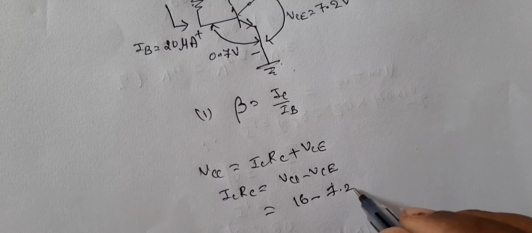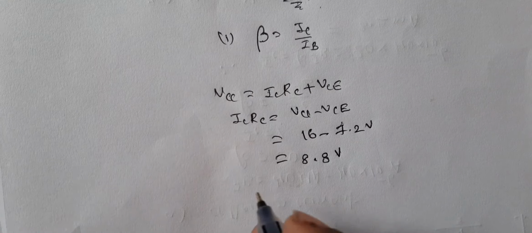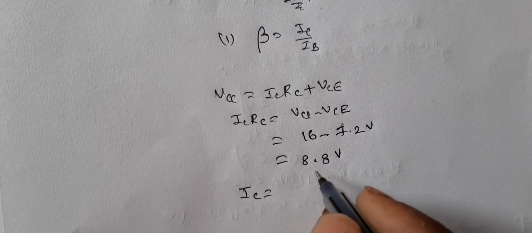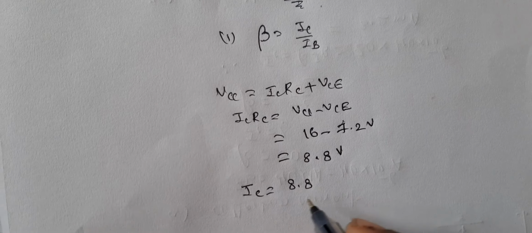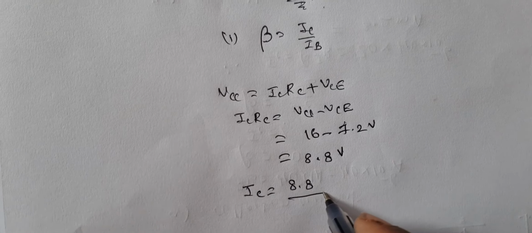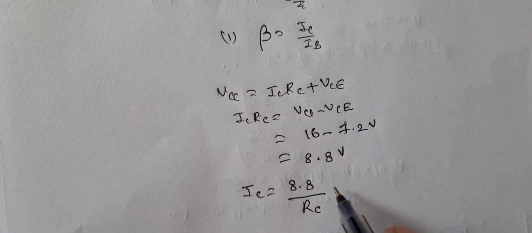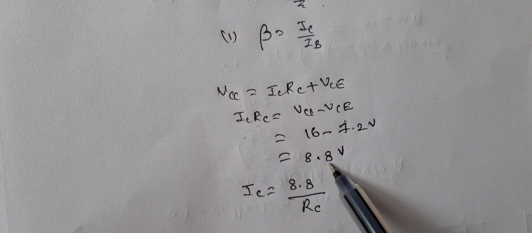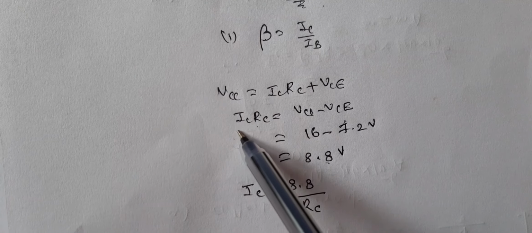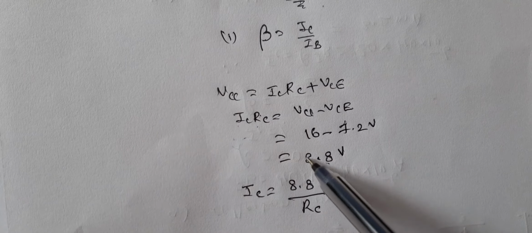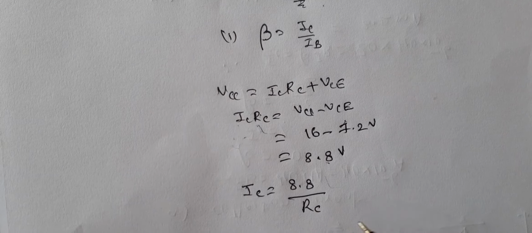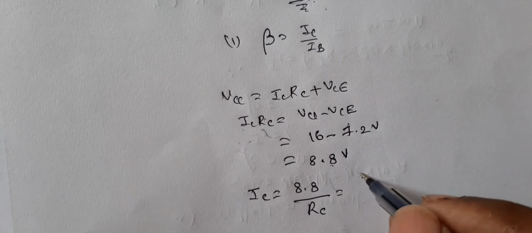From this you can calculate collector current. IC is equal to 8.8 volts divided by RC, because ICRC is 8.8. RC is given as 2.2 kilo ohm.